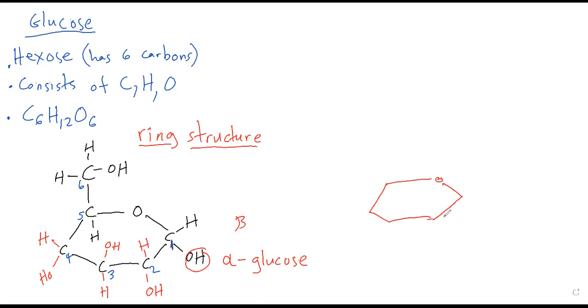Now, where 2 lines meet, I'm just highlighting it. Those are where the carbon atoms are. Wherever you see 2 lines connecting, your carbon atoms are present there.